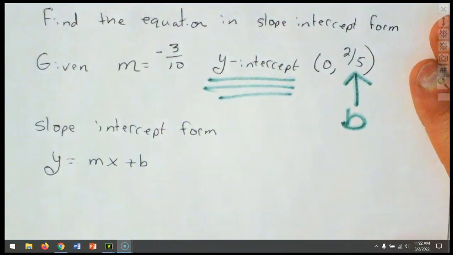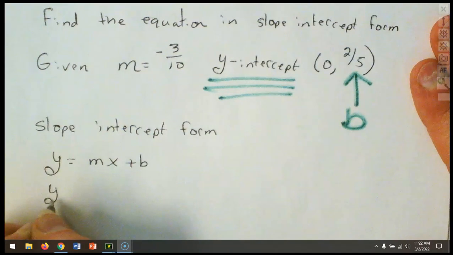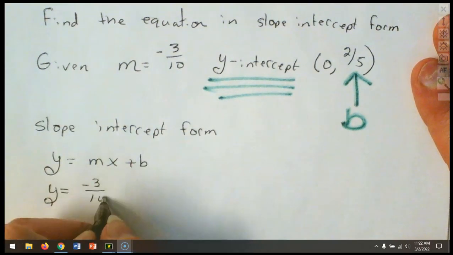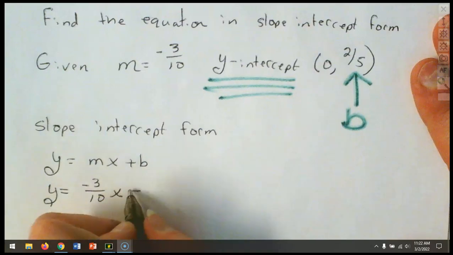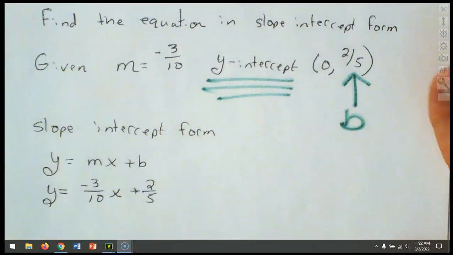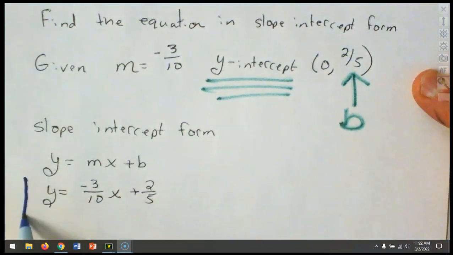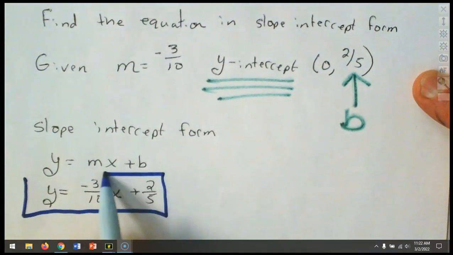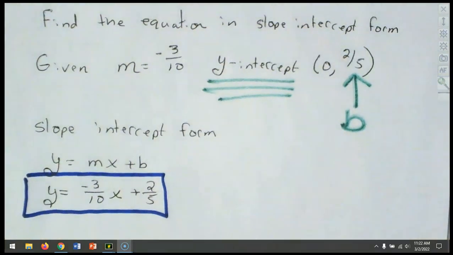You know all the different pieces now. So your answer would simply be then y equals minus 3/10 x plus 2/5. And that's it. If you are given the y-intercept, then you can avoid doing the point-slope formula, only if it says y-intercept.